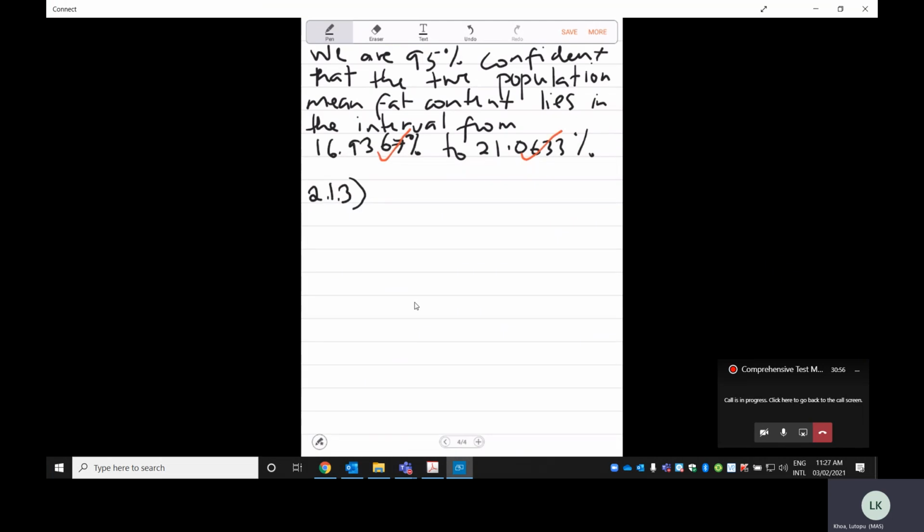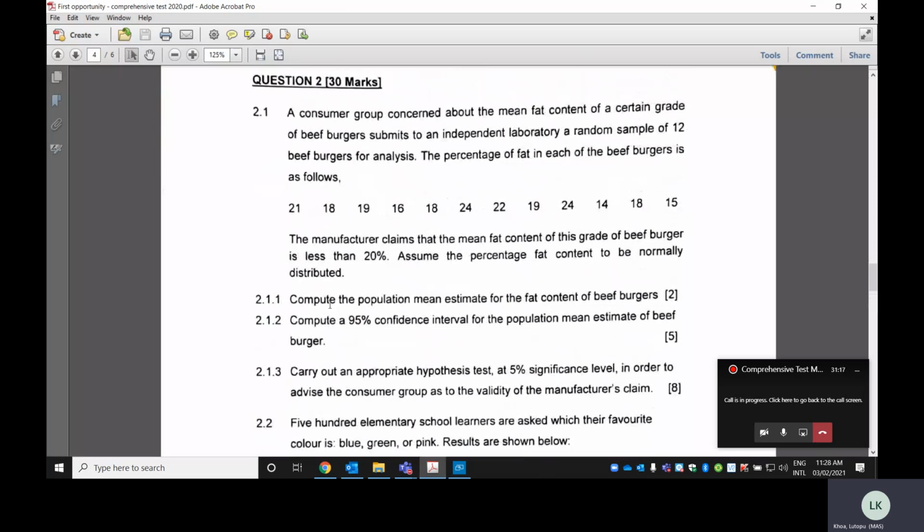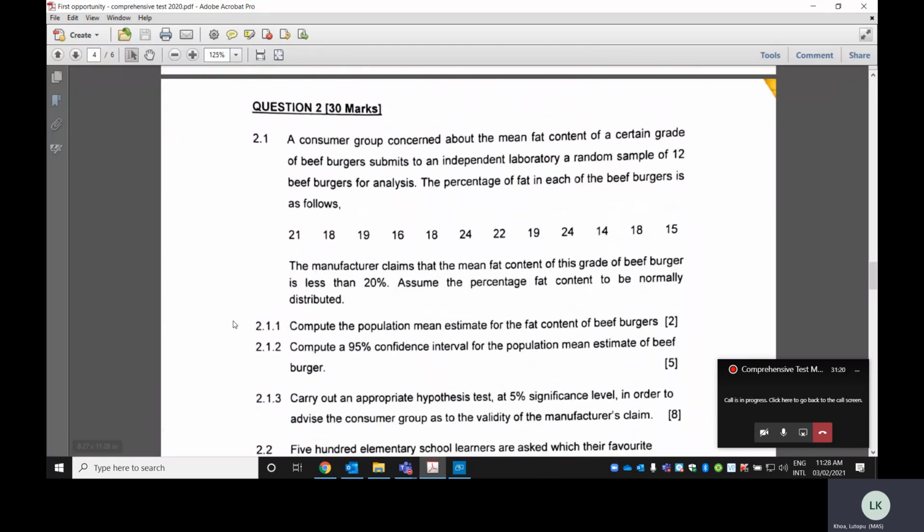So H naught, we have that mu is greater than or equal to 20, and our alternative is that mu is less than 20. Now remember, your alternative goes hand in hand with the claim that the manufacturer was making. So if you look at the information that was given, it says the manufacturer claims that the mean fat content of his grade of beef burger is less than 20%.